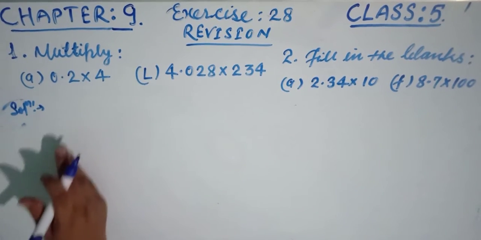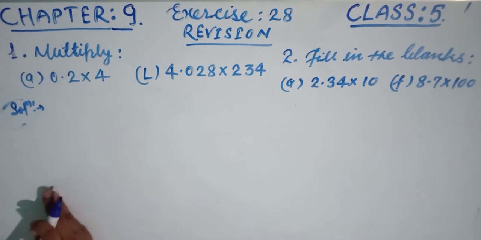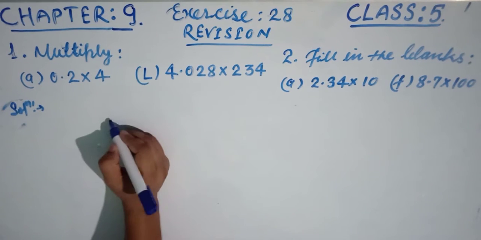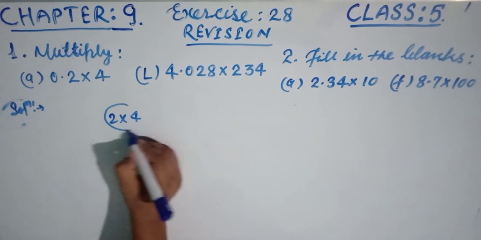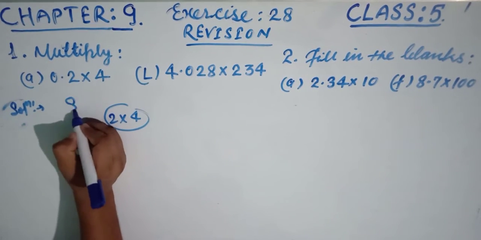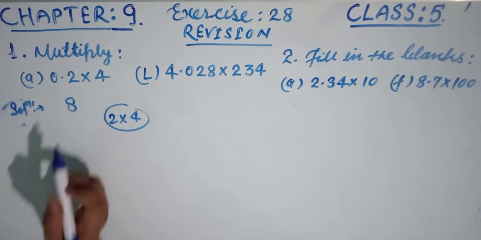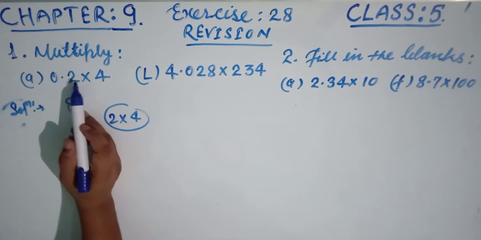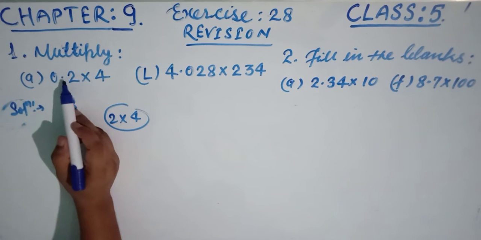So friends, 0.2 multiplied by 4. First we have to multiply their numerical value only, that is 2 multiplied by 4, which is 8. Now see friends, how many digits after the decimal? Here in 0.2, this number carries only one digit after the decimal.